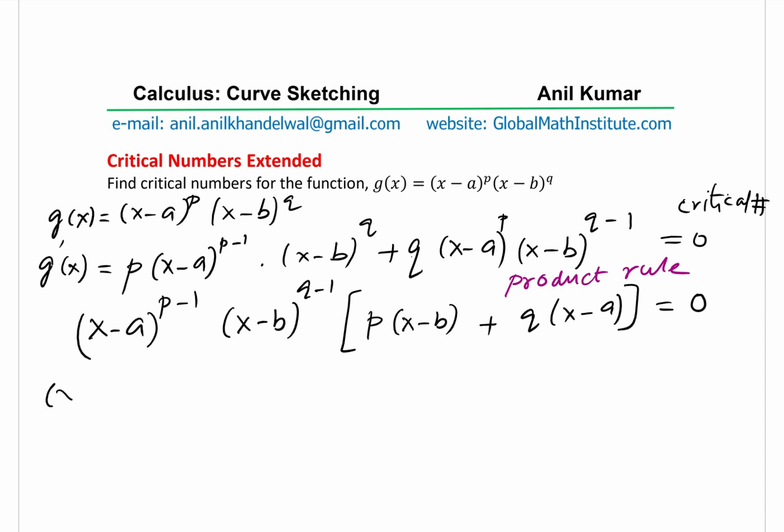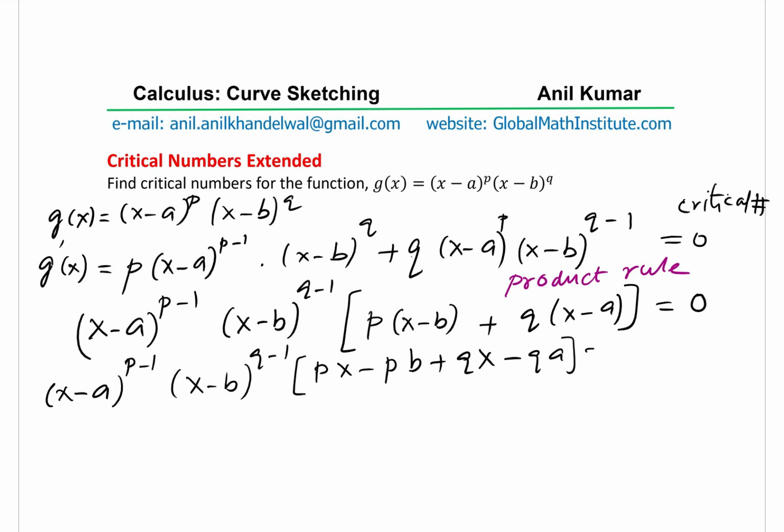So we have our equation as x minus a to the power of p minus 1 times x minus b to the power of q minus 1. And inside the brackets, we have px minus pb plus qx minus qa equals 0.